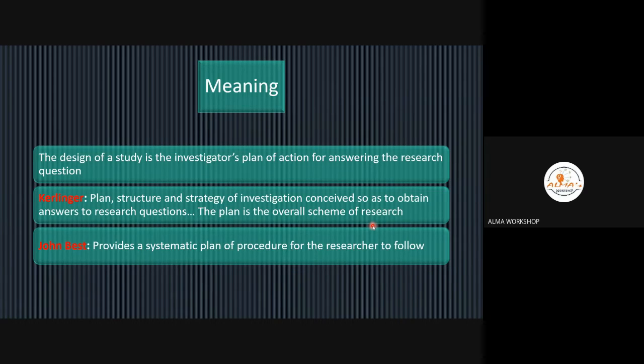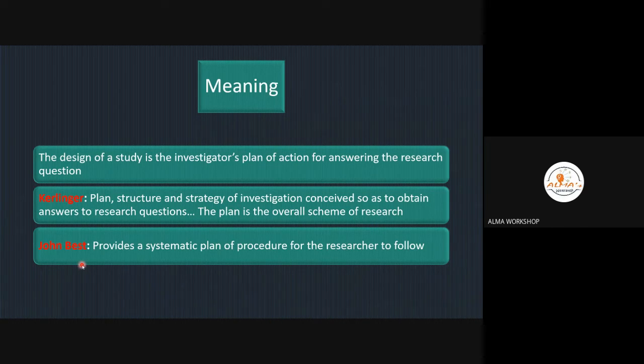I told you, research is a scientific method. It follows certain steps like identifying the problem, collecting the review literature, analyzing the review literature, collecting the data, analyzing the data, and coming to a conclusion with statistical analysis. It is the overall scheme of research.